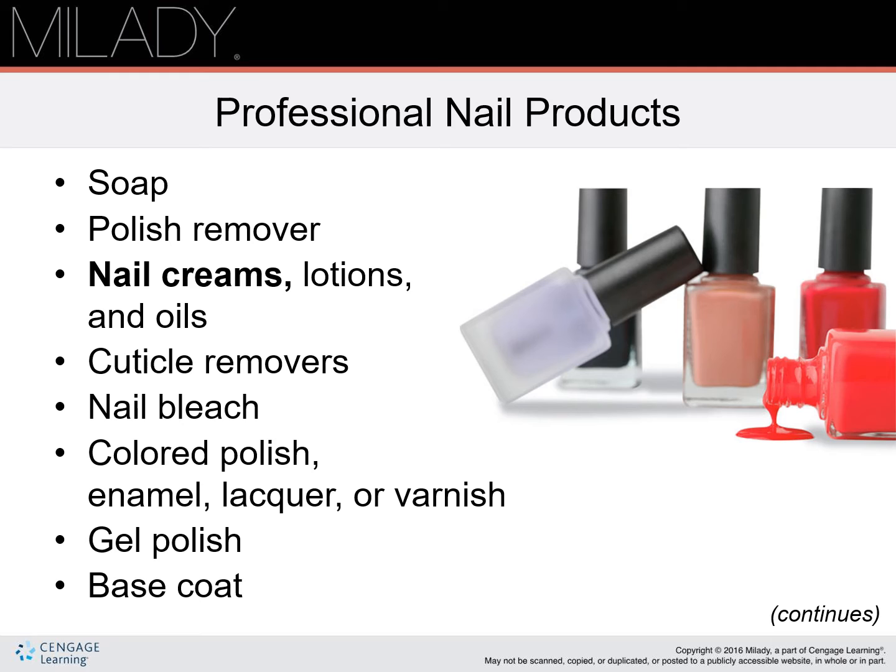Polish remover. These are used to dissolve and remove nail polish. They contain solvents. There are two types of polish removers available. You have acetone and then you have non-acetone. Okay. Both can be used safely. Non-acetone removers will not dissolve any wraps, acrylics, anything like that. So they are preferred when removing polish from nail wraps.